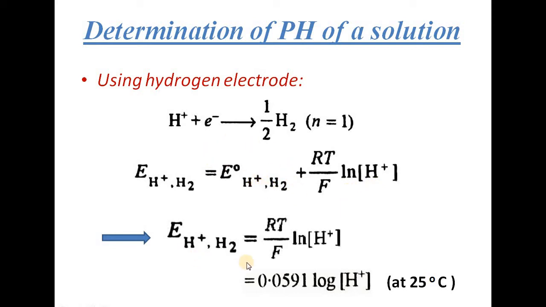So we will have electrode potential equal to RT by F ln [H+]. And at a temperature of 25 degrees Celsius, putting in the values of R and F, we get the electrode potential for this half cell equal to 0.0591 log of the hydrogen ion concentration.